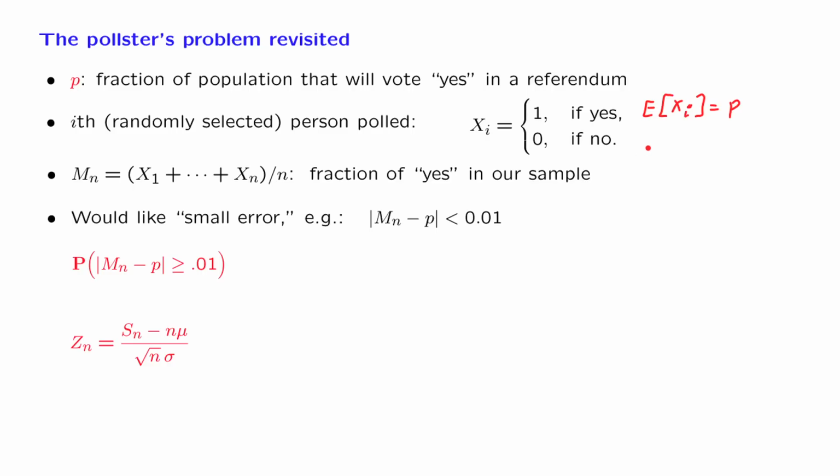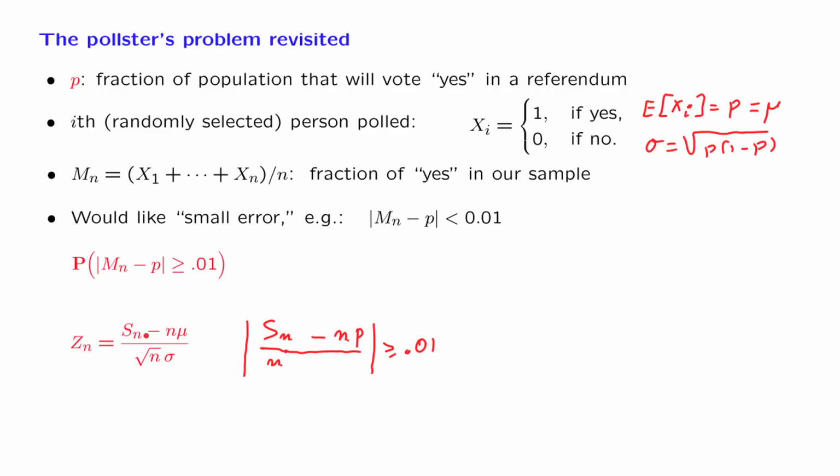For a Bernoulli random variable, the mean is p, and sigma is the square root of p times 1 minus p. Now let's look at this event. Mn is the same as Sn divided by n by definition. And we can write p in the form n times p divided by n. And we want this quantity to be larger than or equal to 0.01.